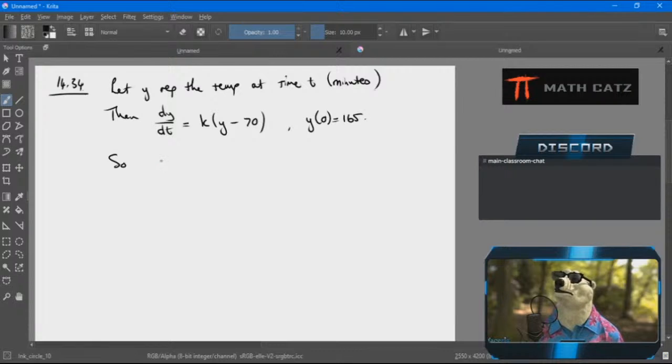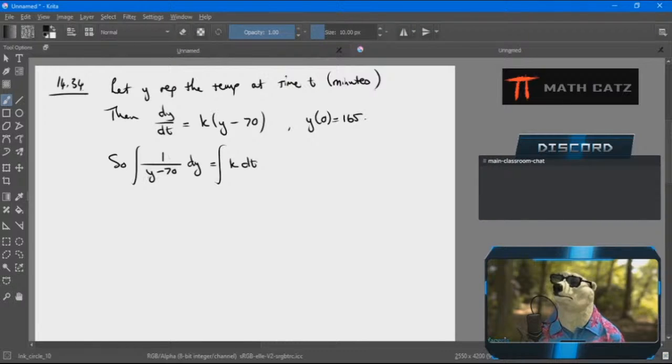I want to separate the variables, so my bracket is going to have to go to the other side. I can only separate the variables with multiplication and division. I can't really separate this y and the 70. Then I integrate both sides.